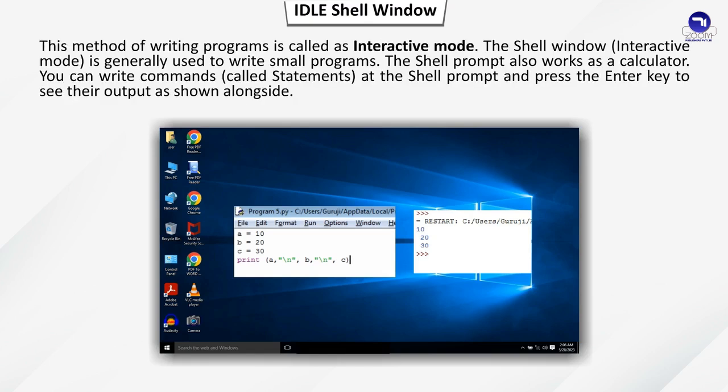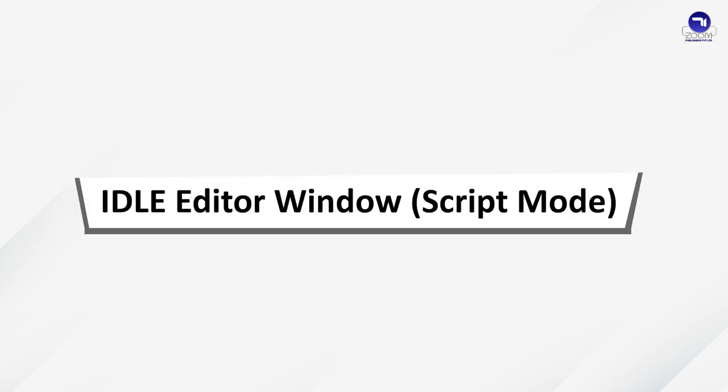This method of writing programs is called interactive mode. The shell window interactive mode is generally used to write small programs. The shell prompt also works as a calculator. You can write commands and statements at the shell prompt and press the Enter key to see their output, as shown alongside.